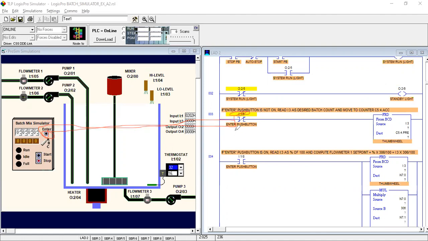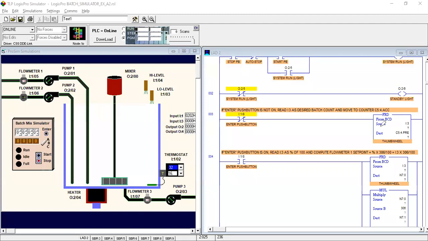Okay, enter push button, and this is the FRD instruction, basically used as our BCD converter. It converts binary to decimal numbers. As you can see, the FRD instruction has source and destination parameters.